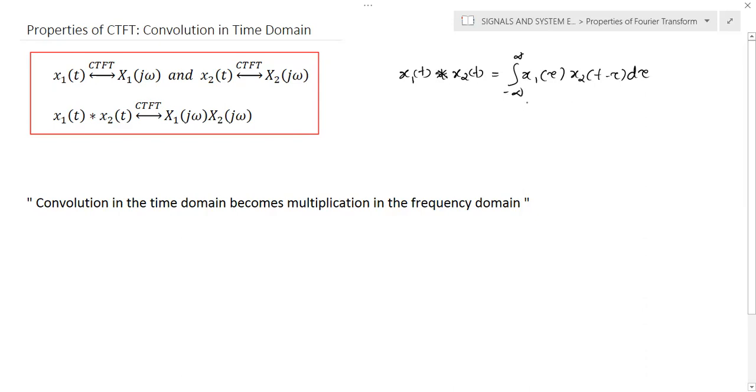If you observe this particular equation, you can see that there is an integration operation, multiplication, and so on. So this particular equation involves many operations.